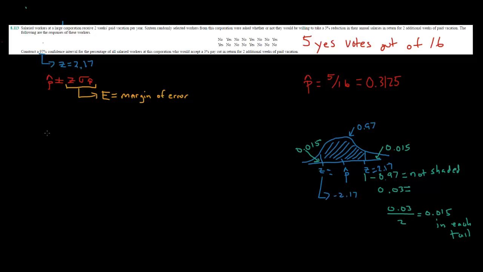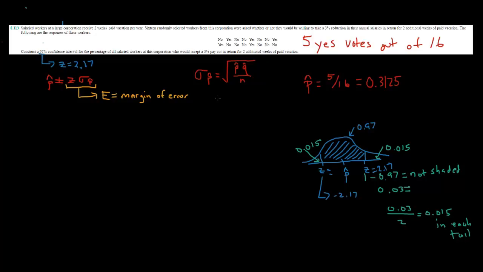If you remember from previous lessons, sigma sub p hat is equal to the square root of p hat times, oh, that's a q, not a p, q hat all over n.